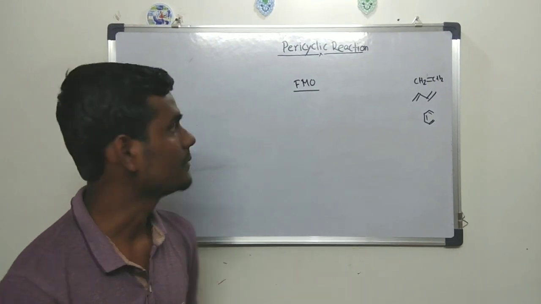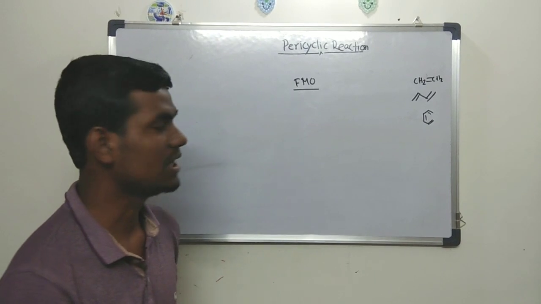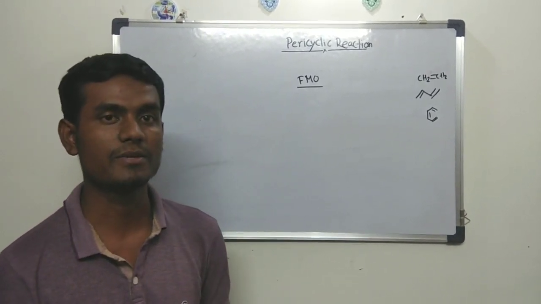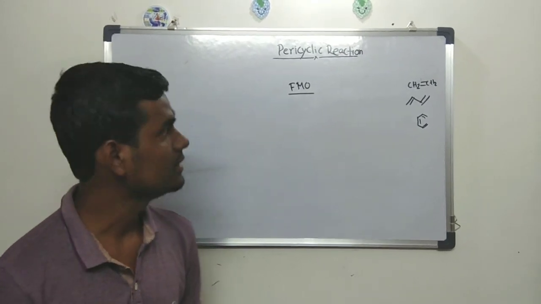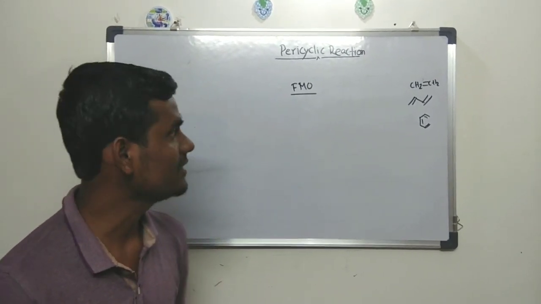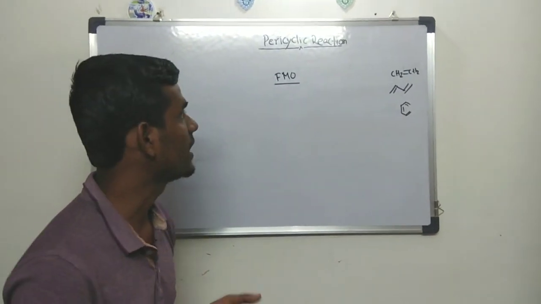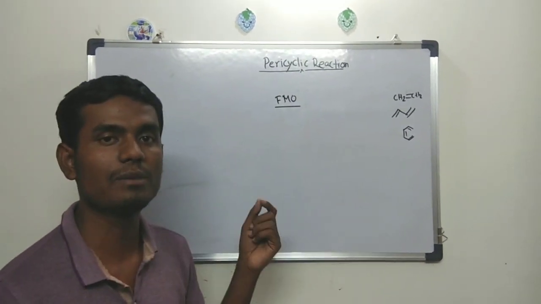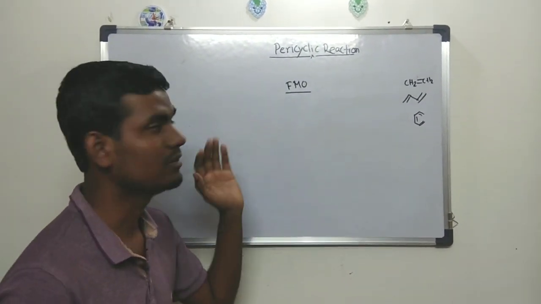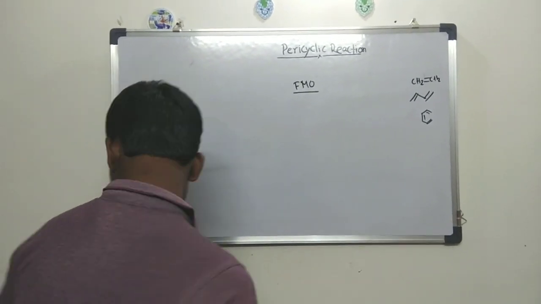The other methods are symmetry correlation and the perturbation method. But the frontier molecular orbital method has gained so much popularity because of its simplicity, and it is based on the simplicity of the Huckel molecular orbital method. So let's start with this topic.